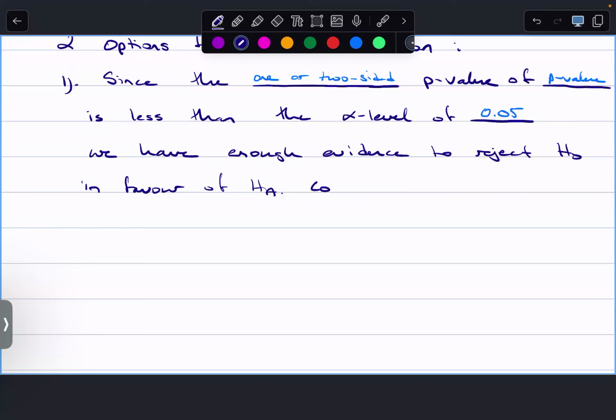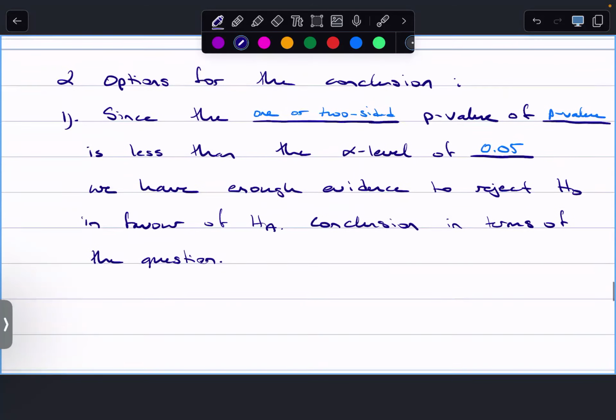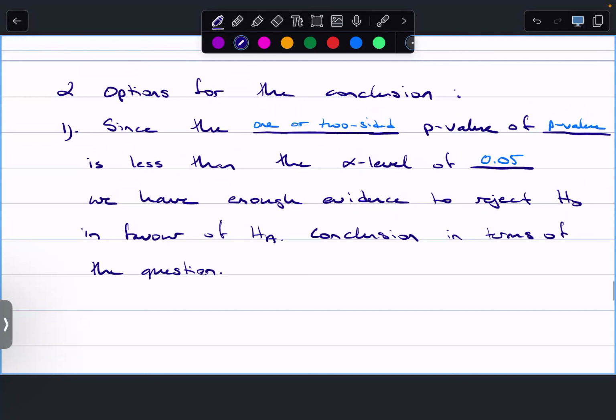And then you're going to state your conclusion in terms of the question. Right, what does that mean in terms of the proportion of voters voting in favor of candidate A, for example?